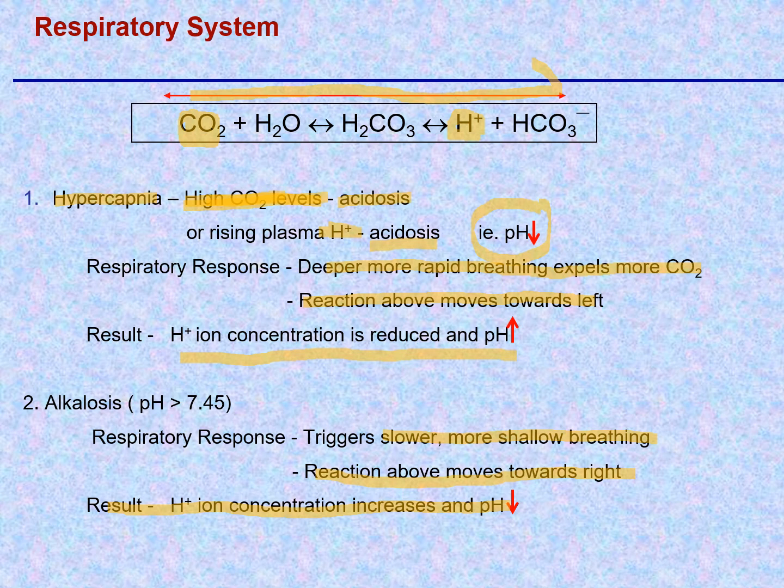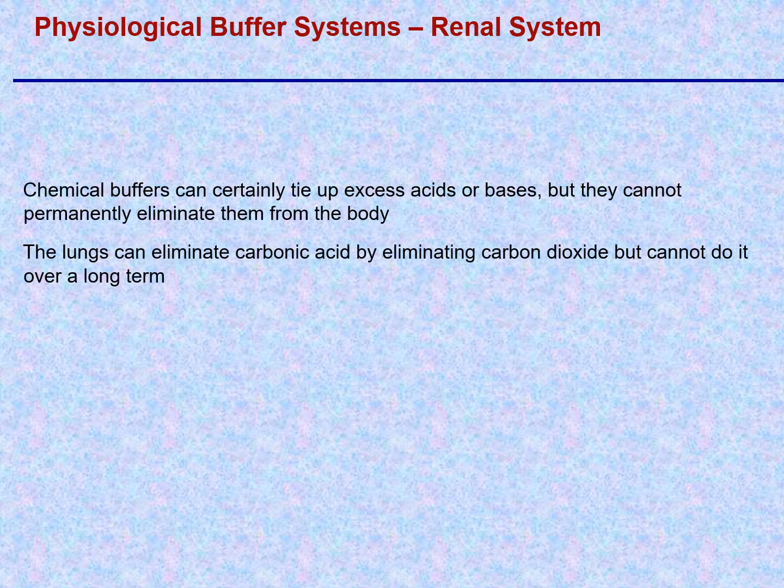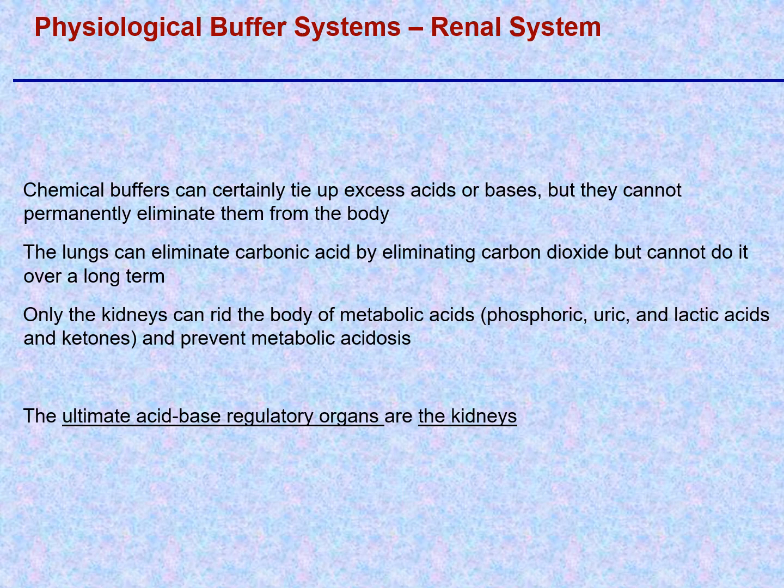But that is very difficult for the body to maintain for any prolonged period of time. The renal physiological buffering system is different, in that with chemical buffers you can tie up some excess acid and base, but they don't eliminate them from the body.